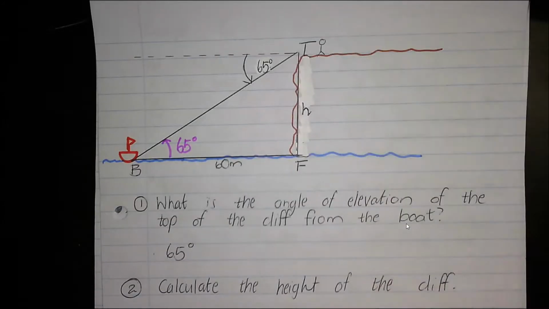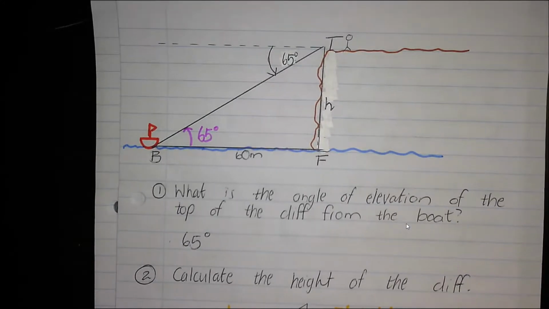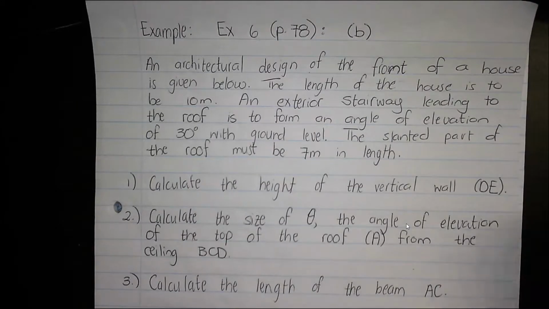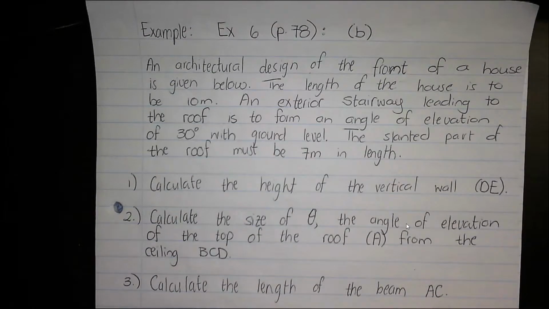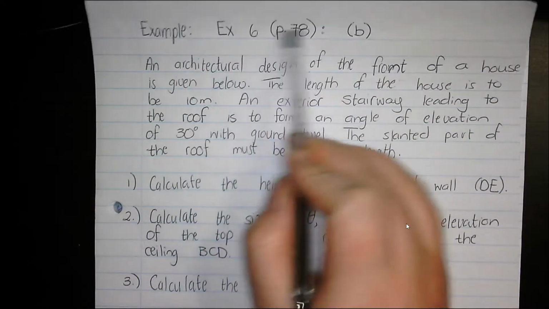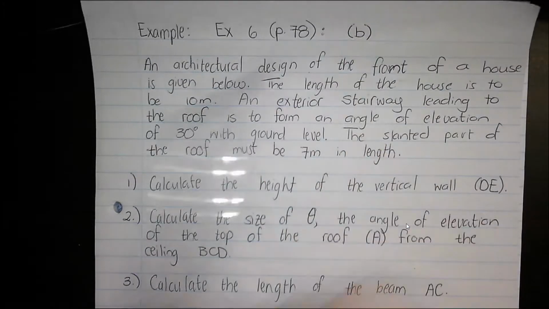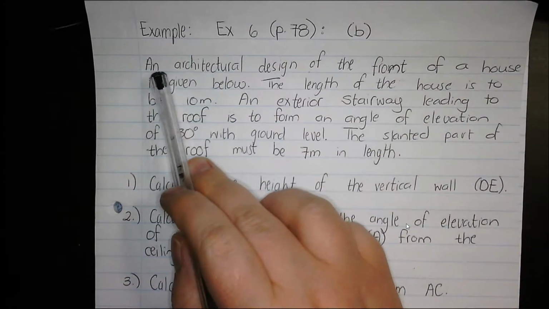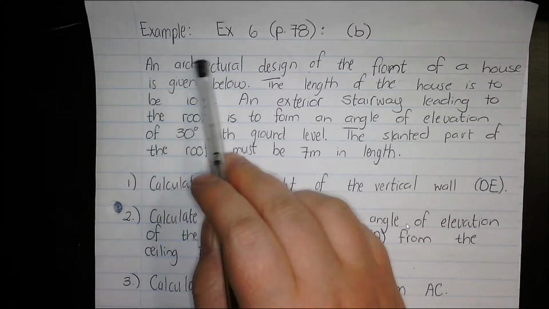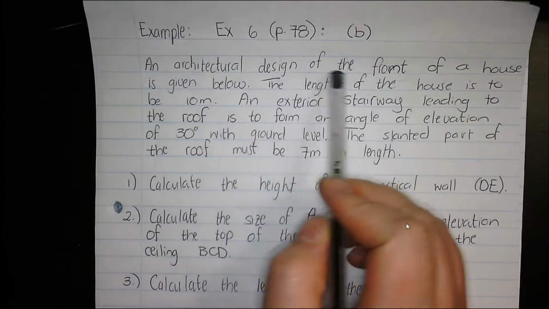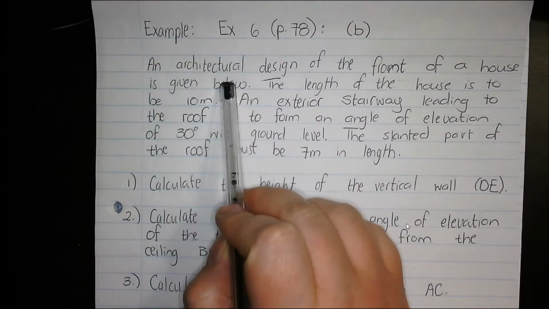We did an example, which you can see in the previous video, and I am going to do another example from exercise 6 on page 78. This is question B. The question reads that an architectural design of the front of a house is given below.